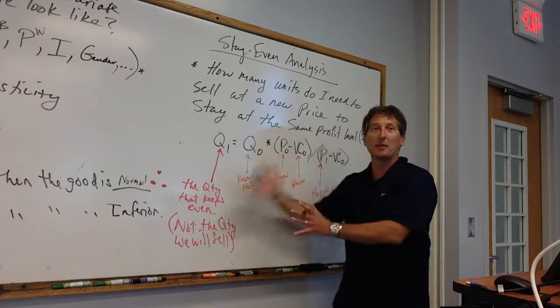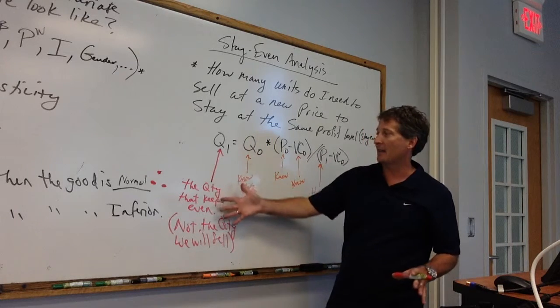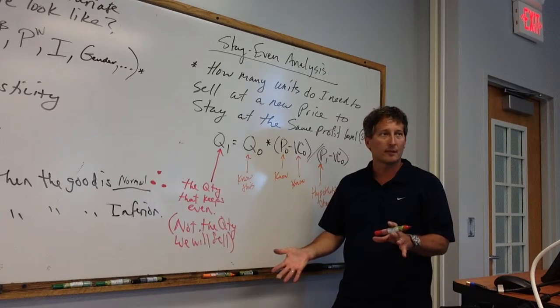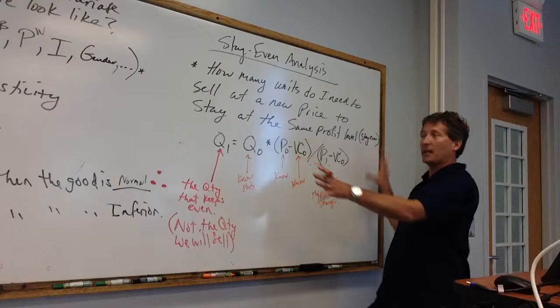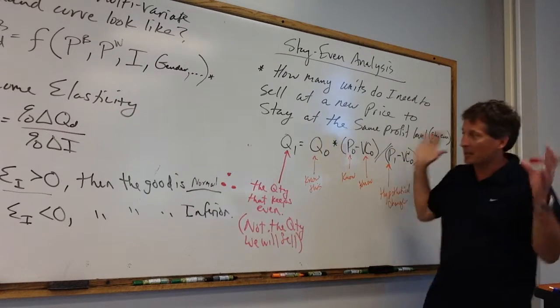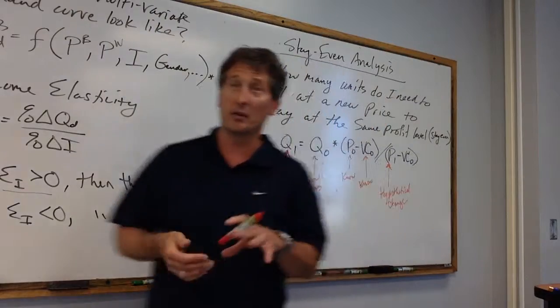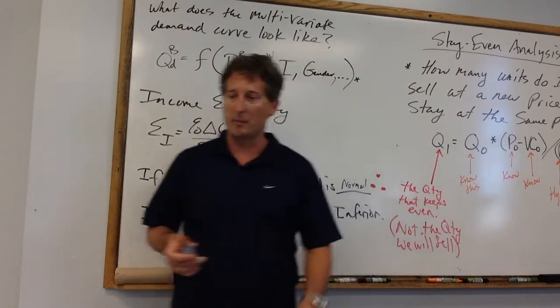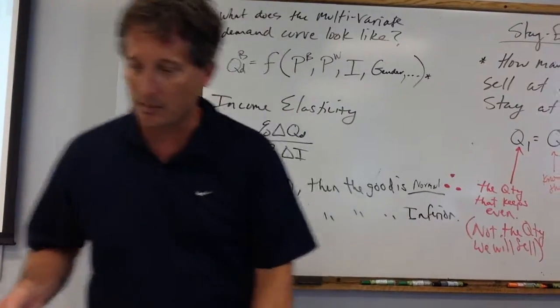I think we're going to actually make money on that because I think that quantity is going to be even bigger. So this is the quantity that keeps profitability even. And maybe that change will be better or worse, but at least it gives us the number that cranks out the math that tells us we'll keep it even.